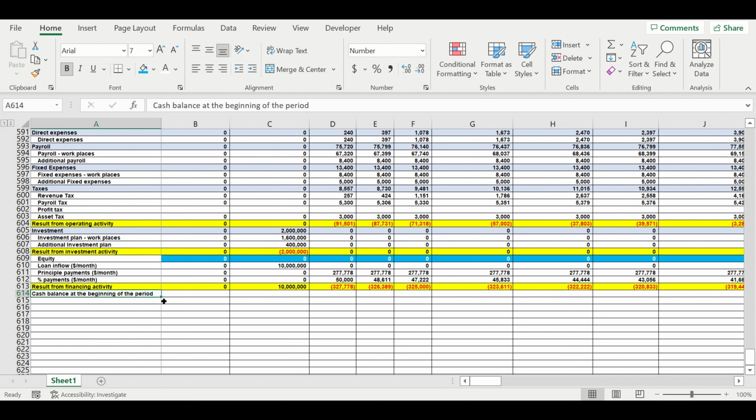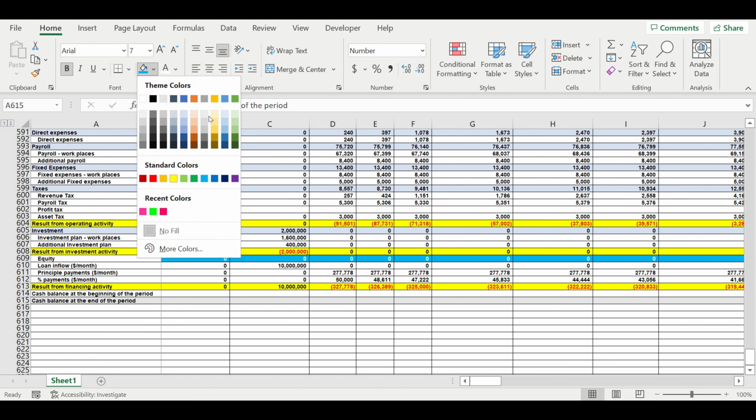And finally we calculate the cash balance at the end of the period. So this will be the last line of the cash flow.